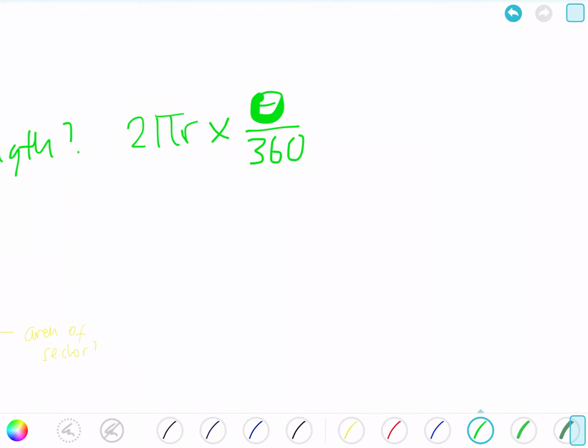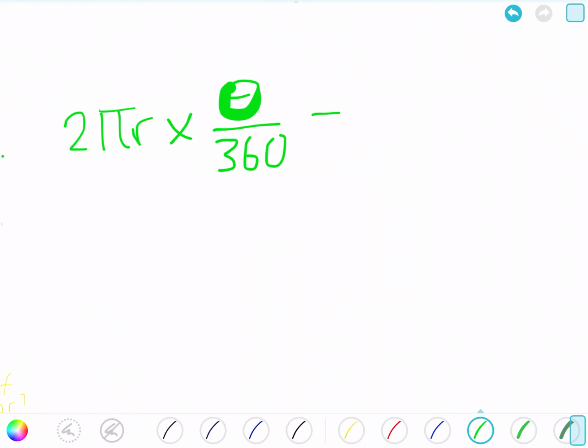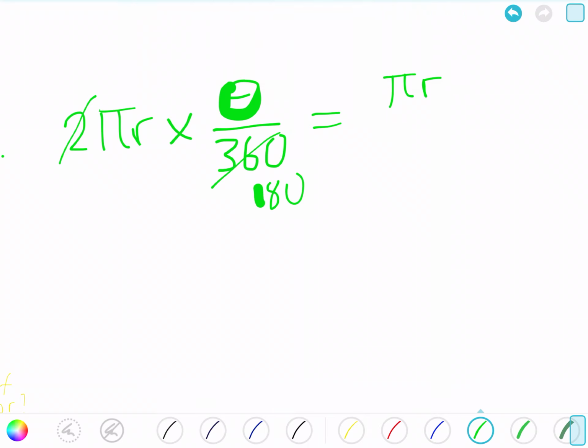And that will give us the length of the arc. We could simplify that down: the 2 would cancel with 360 to give 180, so it becomes pi r theta over 180. Okay, and that will give you the arc length.